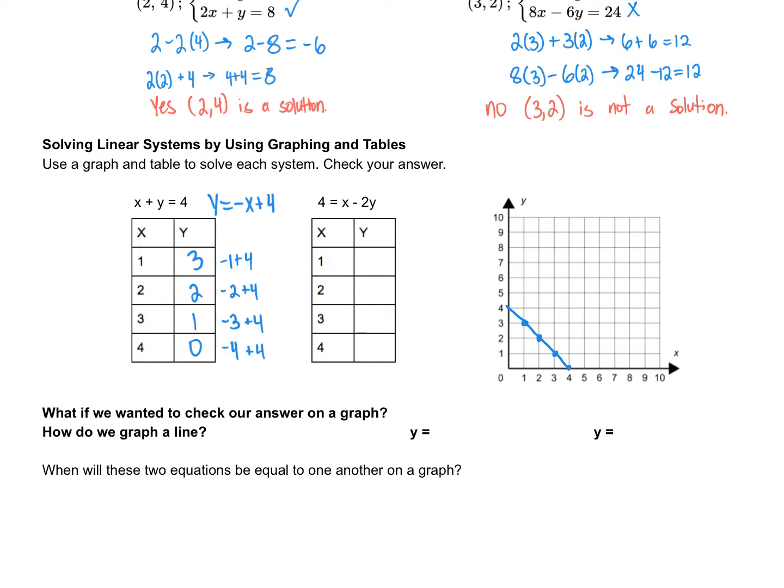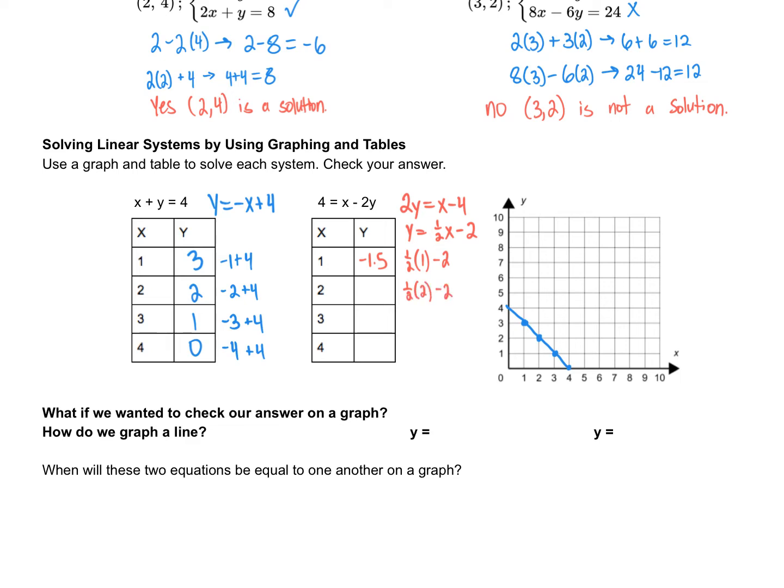Now if I want to do the same thing to the second equation, maybe I add 2y to both sides and subtract 4. So 2y equals x minus 4. Divide by 2, y equals 1/2 x minus 2. So if I plug in 1, I get an answer of -1.5.